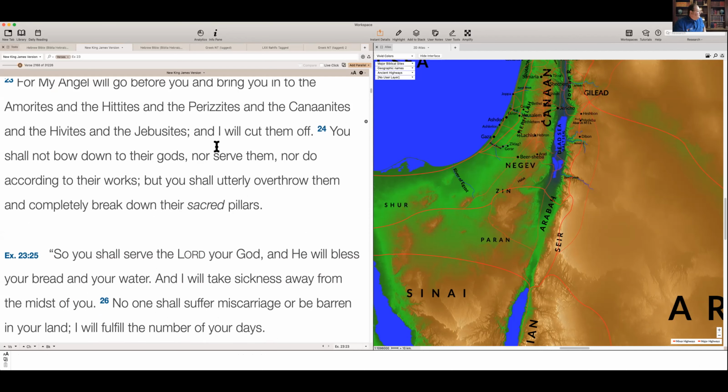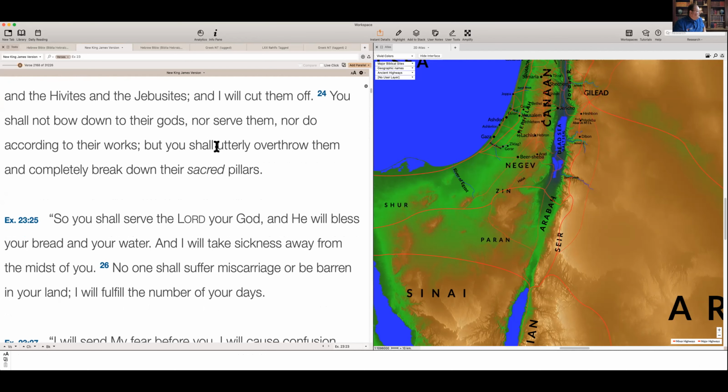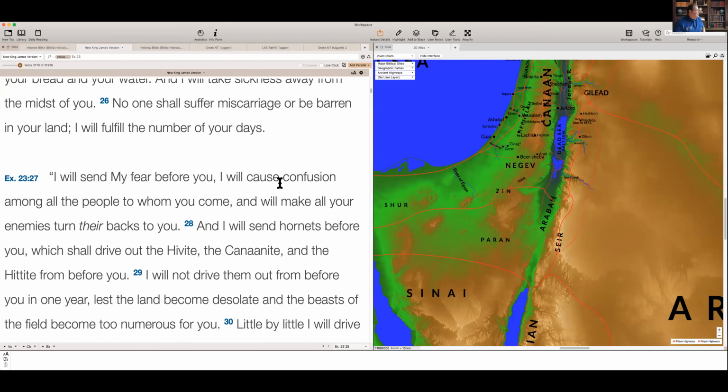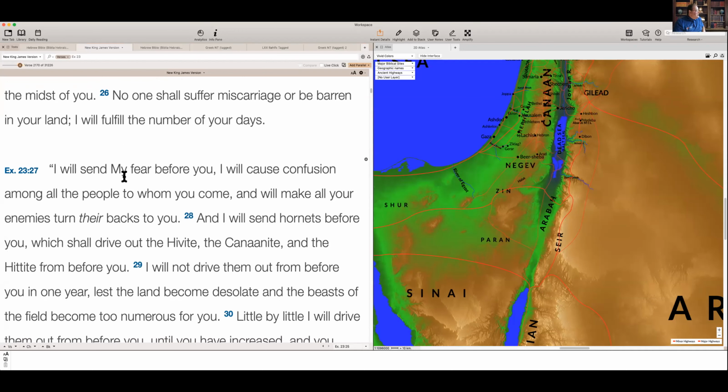You shall not bow to their gods nor serve them, but you shall utterly overthrow them, break them. So all they had to do was to break their places of worship and break their sacred pillars. What does it say here next? I will send my fear before you.